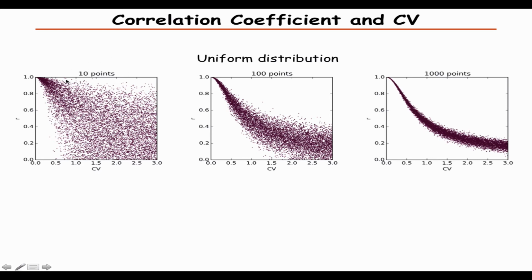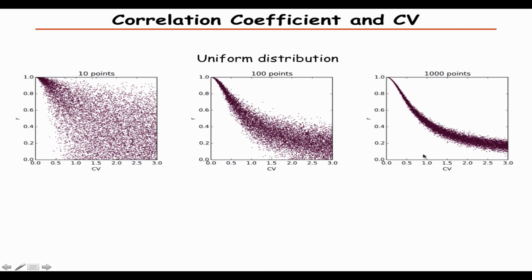If we only have 10 points, it's not a very well-defined relationship between the coefficient of variation and the correlation coefficient. If we go up to 1,000 points, the spread is much smaller, but still quite large, and even with 100 points there's definitely a large spread.